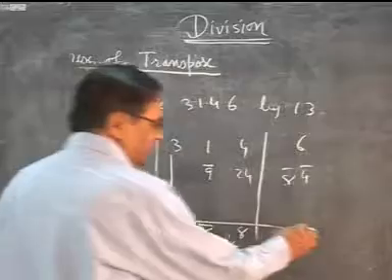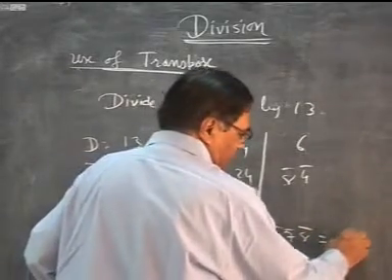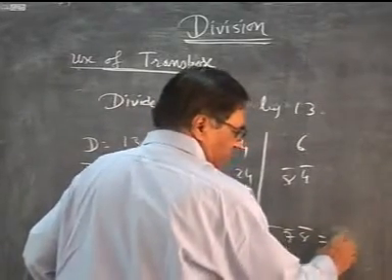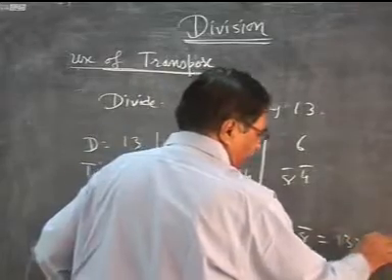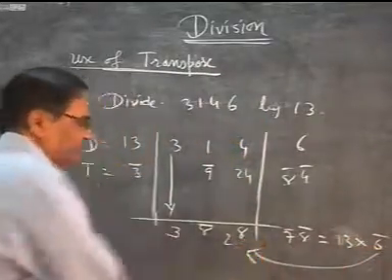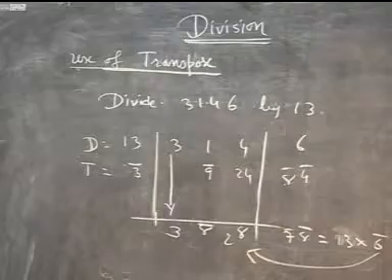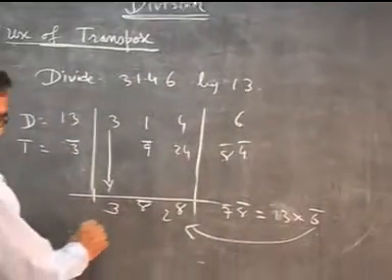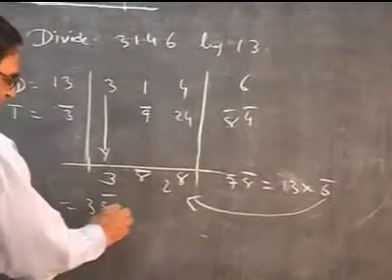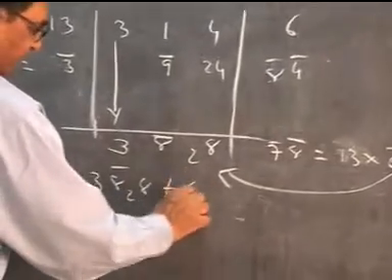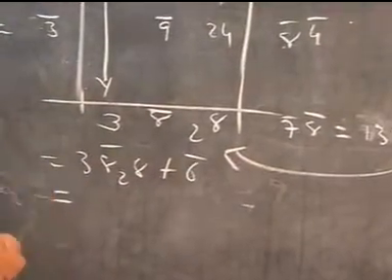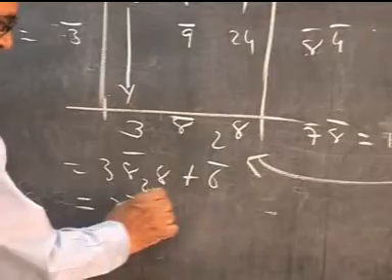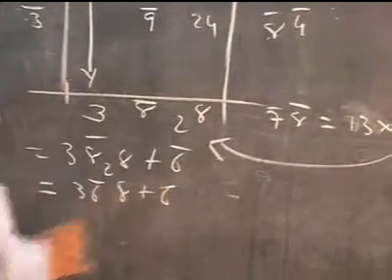So this you can say it is 78 is equal to, this is 13 into 6 bar. So you can add it here. And so you can say this is 3, 8 bar, 2, 8 plus 6 bar. And so it is 3, 6 bar, 8 plus 6 bar.